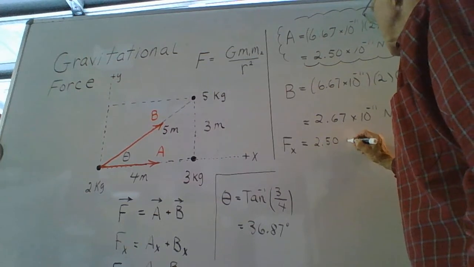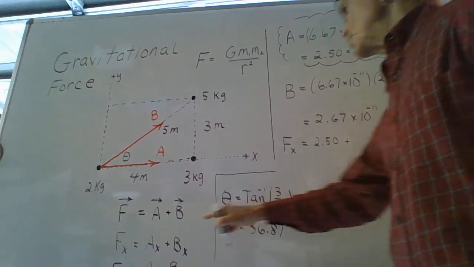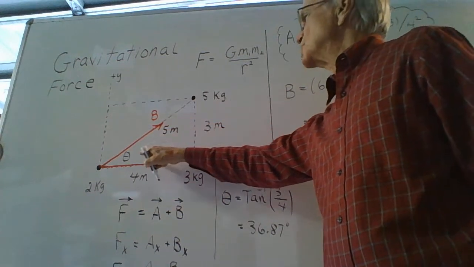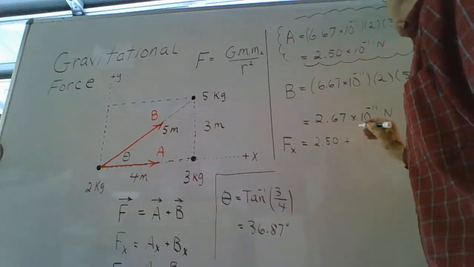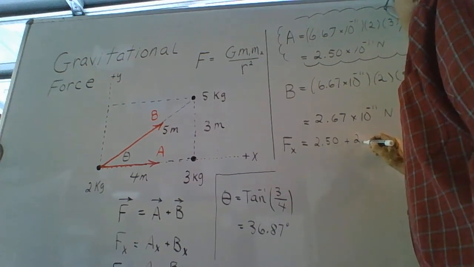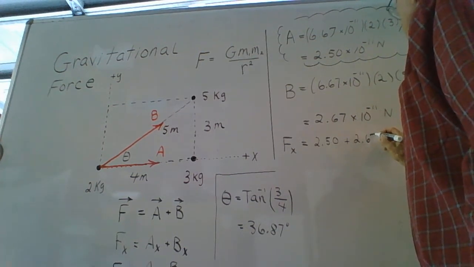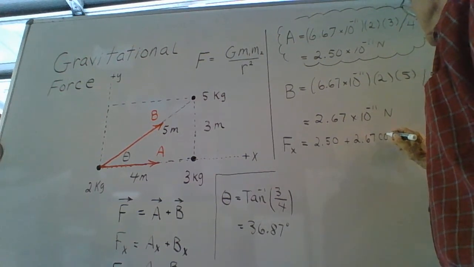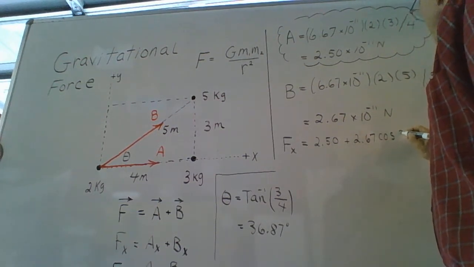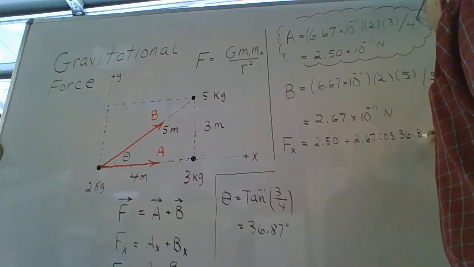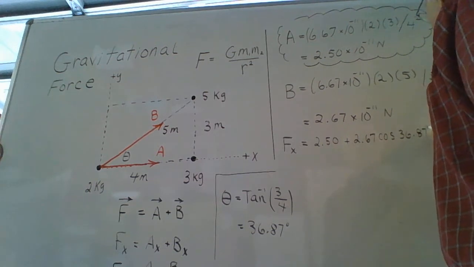And B sub x is required next. B sub x is the value of B times the cosine of 36.87. B is 2.67, remember, leave that off, times the cosine of 36.87 degrees.